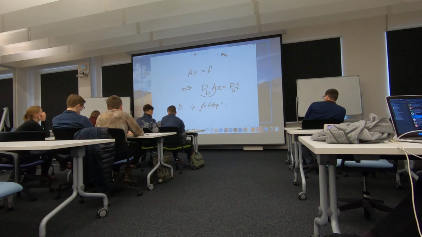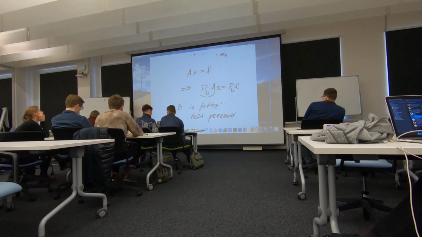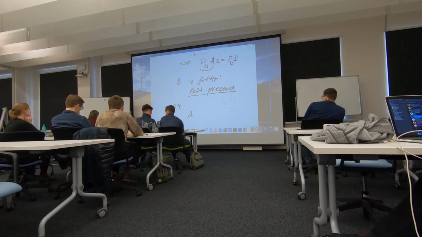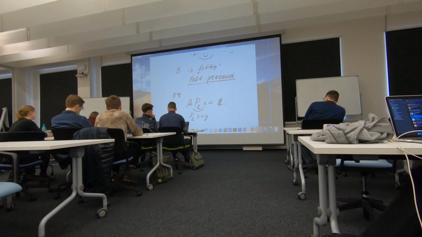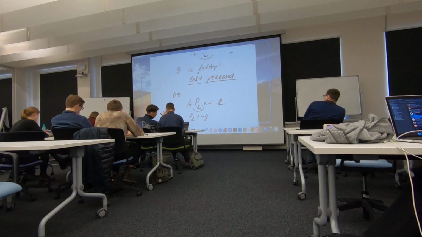So this is the so-called left preconditioner, or we can also do a right preconditioner. But now if you solve this, then we need to find a solution of this equation. So the preconditioner must be some matrix that we can easily solve a linear system with.